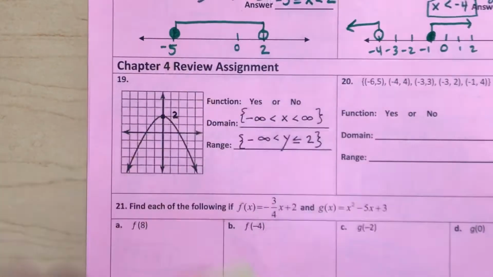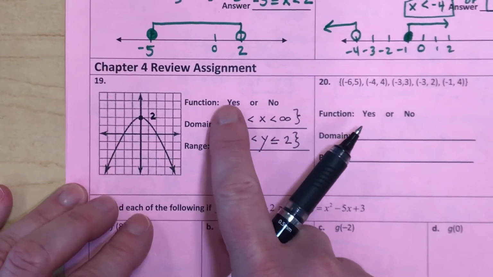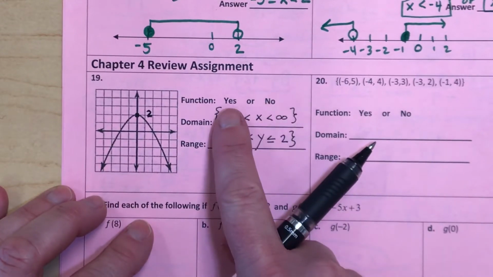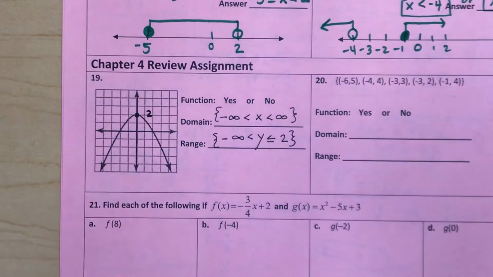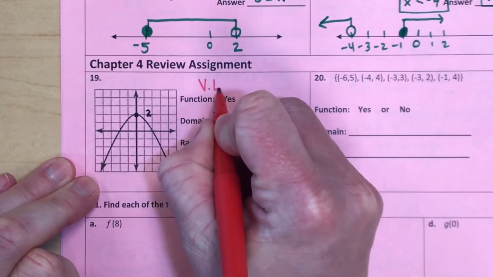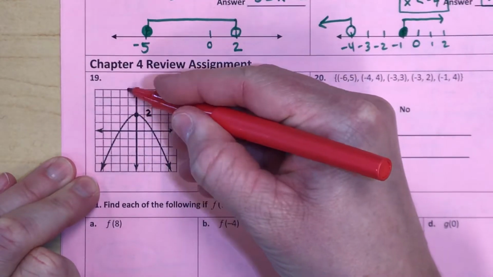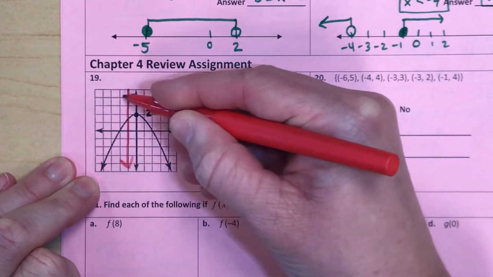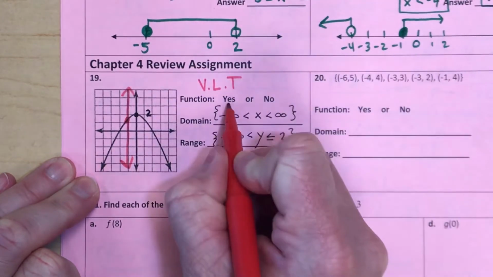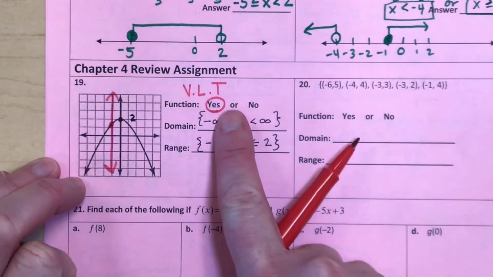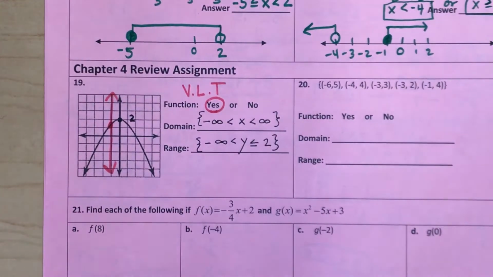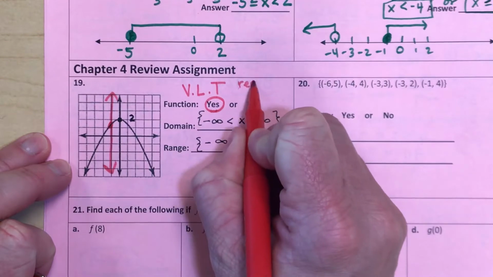Now for the function, whether you circle yes or no, what you need to do is look at what is called the vertical line test. If you can draw a vertical line through your picture and it crosses one time only, then it passes the vertical line test. Another way to indicate if you have a function is to just look for repeated x values.